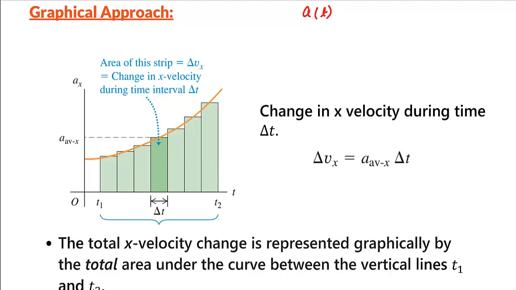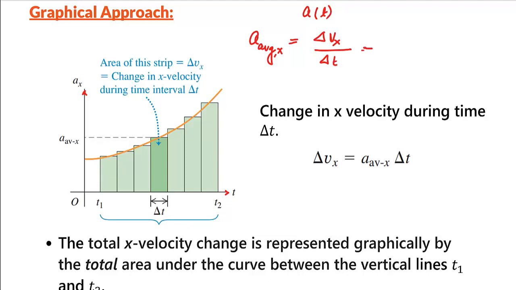Now in this graph, on the x-axis we have time, on the y-axis we have acceleration, and this is one-dimensional motion, so we have ax. Now if you remember, we have this formula: average acceleration in the x direction is equal to change in velocity in the x direction divided by delta t.